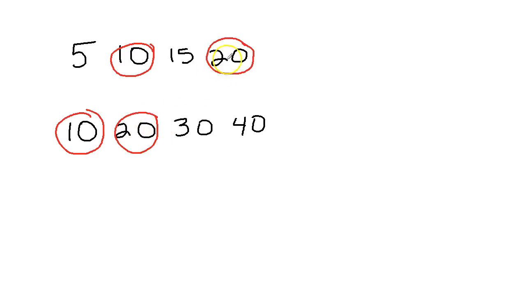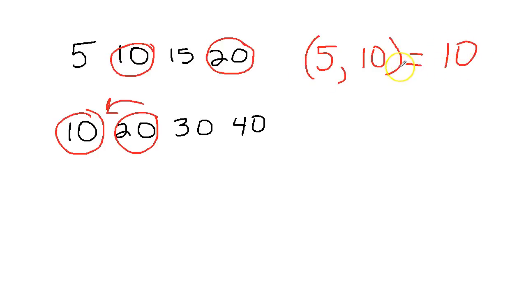So because we have more common multiples, we know that the previous one is the least common multiple. So the least common multiple of the numbers 5 and 10 is 10. Does that make sense? I hope that's making sense, right?